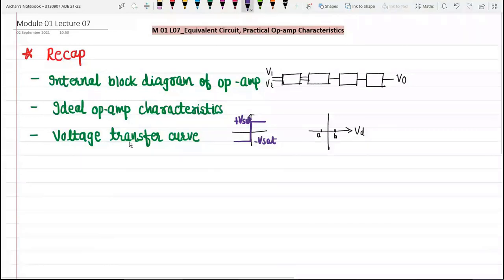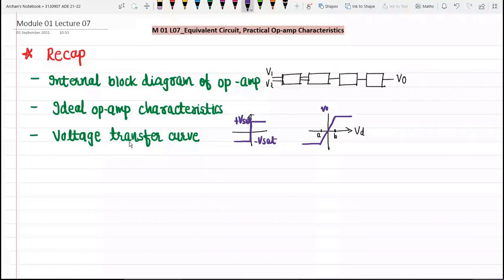So we see a linear relationship between the difference voltage and the output voltage in both cases. After this point has been reached, my output is going to saturate. This is the voltage transfer curve, and the range is very small.